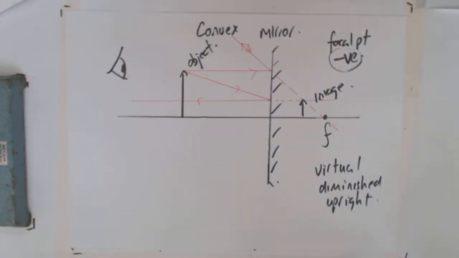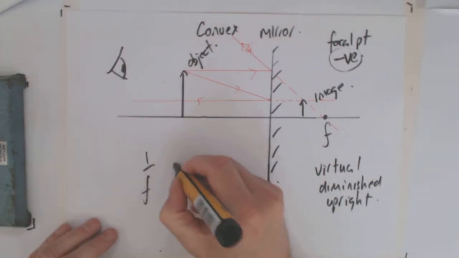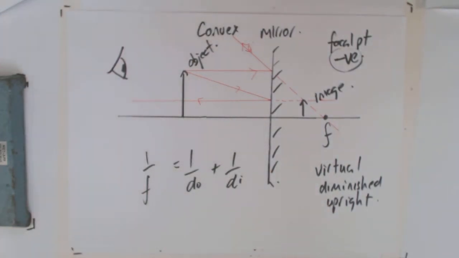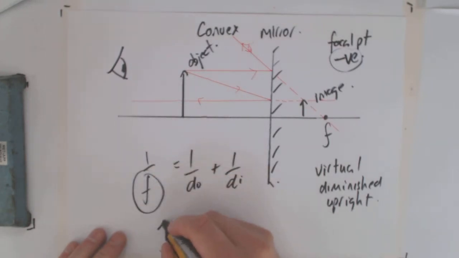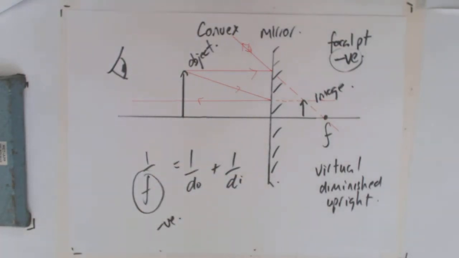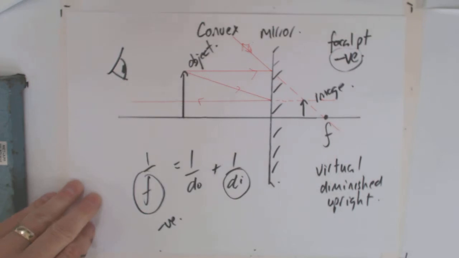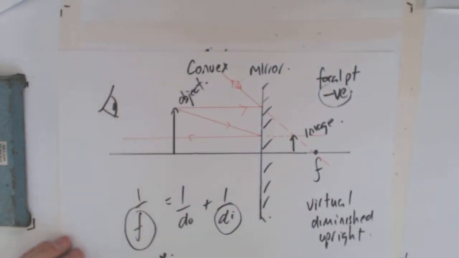Now, going to our formula, our Descartes formula, we need to remember that f is negative and the rest will work out, but we will totally expect our di to be negative for this situation because it's a virtual image. So I'll make another little video in a sec. Or do I need to make another little video? I don't think I do, because I can just go straight to looking at the diverging lens.